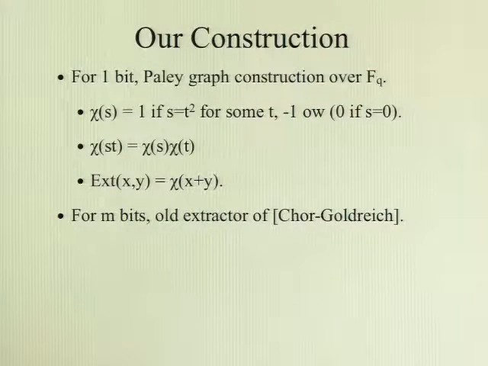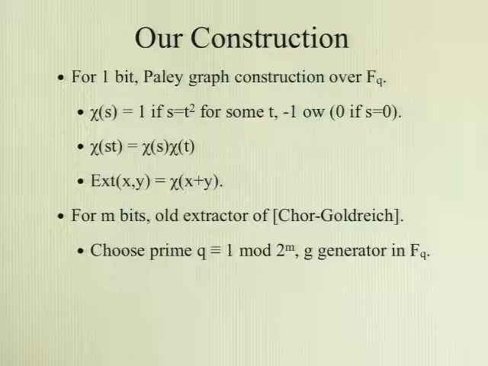And if you want to output more bits, then it's basically this extractor that has been studied before in this paper by Lee and Gojek. But they studied this extractor in the context of 2-source extractors. And we show that it is also a non-malleable extractor.